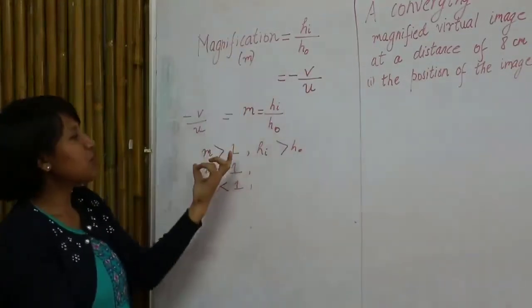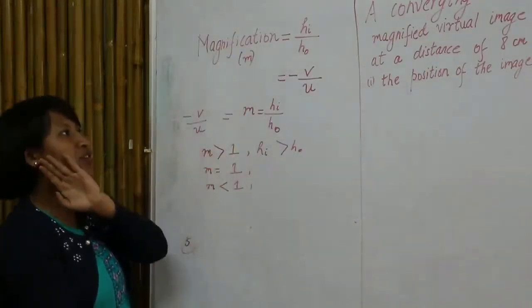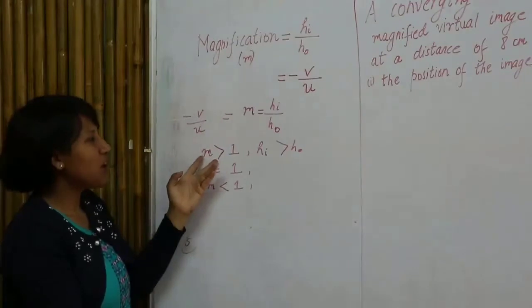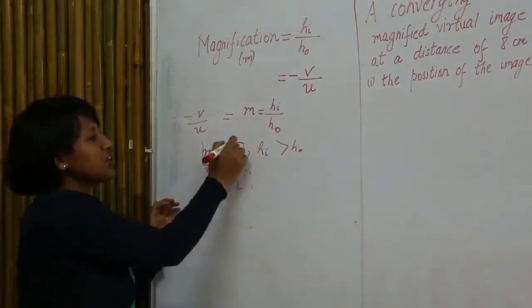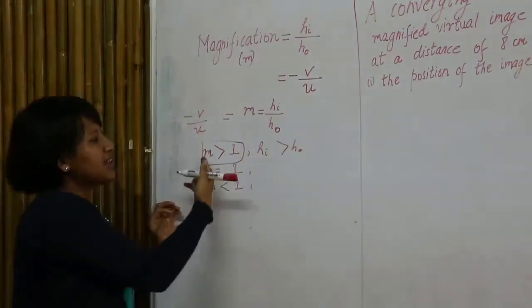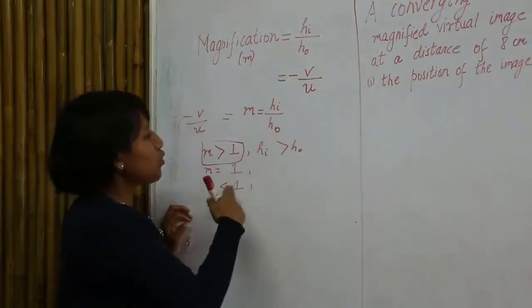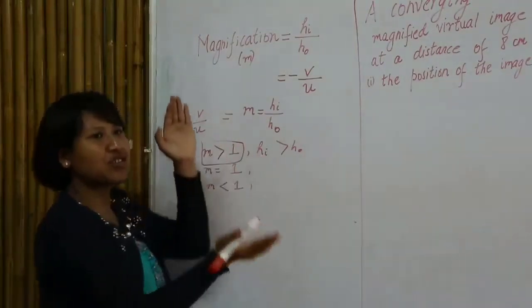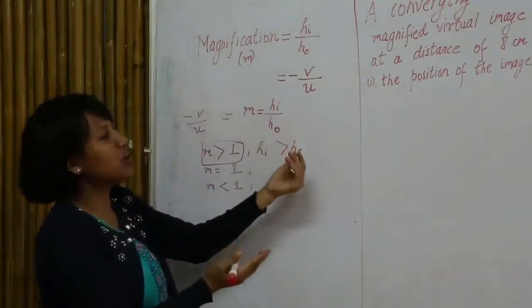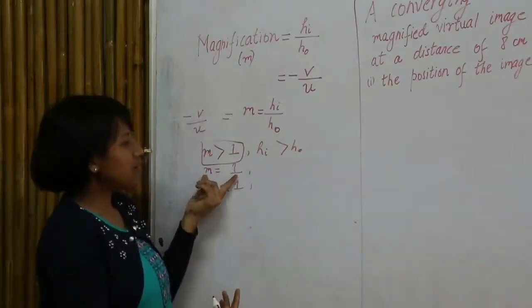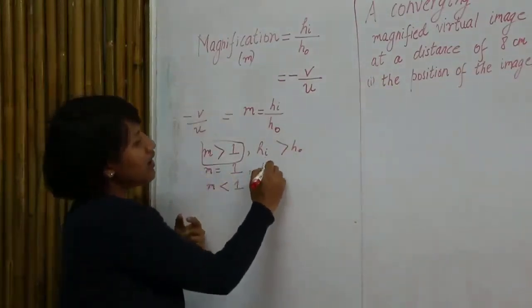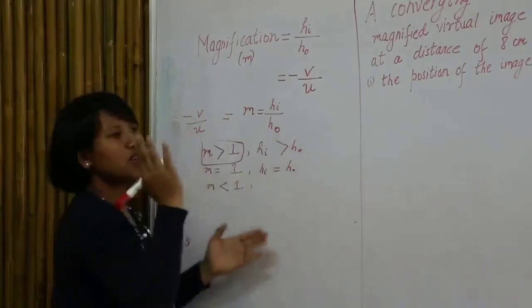Suppose you don't see the image formed, but they have given only the magnification, say 2. Then you can conclude that the size of the image is quite big compared to the object. But if m is equal to 1, the object and the image are of the same size.